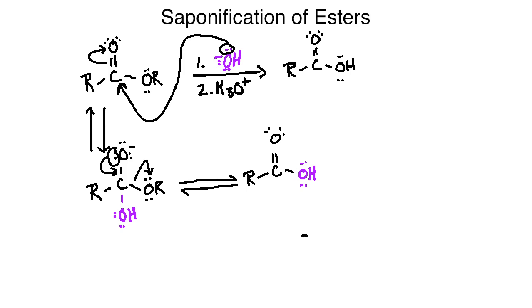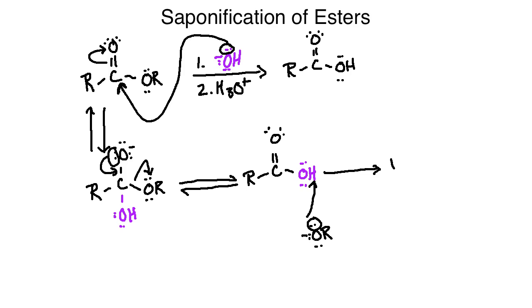So whichever you choose, just realize that what you're going to end up with here is a strong base and a carboxylic acid. So this, without a doubt, is going to deprotonate. And this is no longer a reversible situation. Once you've got a strong base and a carboxylic acid, you will create the carboxylate weak base anion and the alcohol weak acid. Okay, so this is where we start to lose some of the reversibility of this reaction.